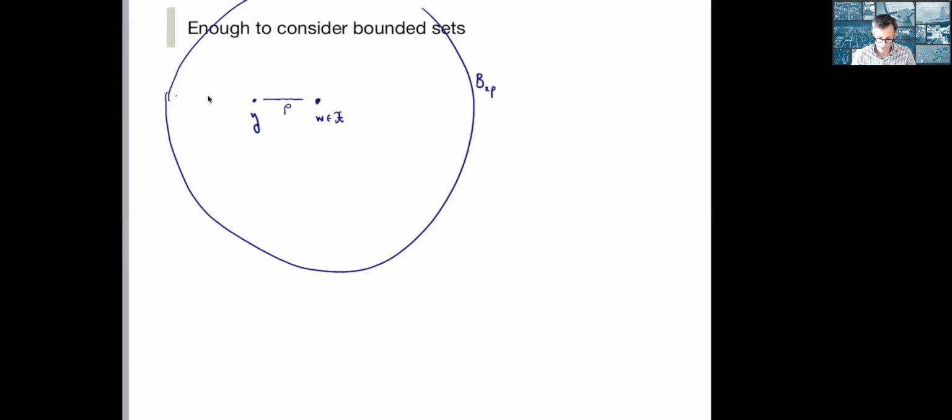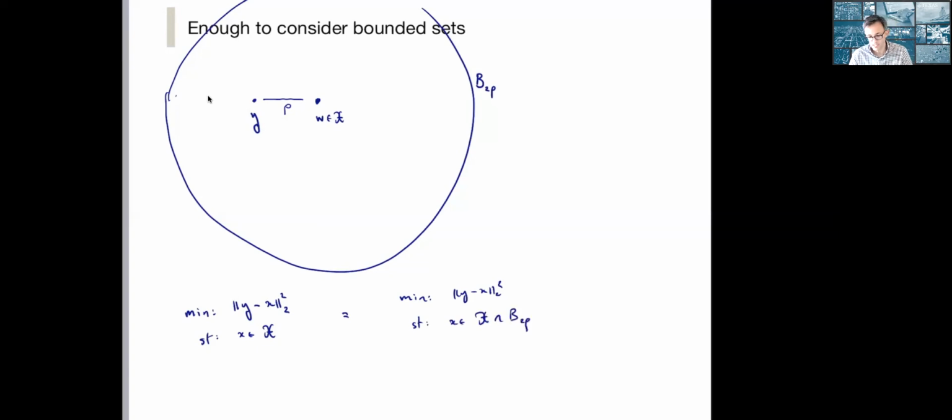A simple observation is that the minimization of y minus x, this is the Euclidean norm, such that x is in x, is equal to the minimum of y minus x such that x is in the intersection of x and this ball.